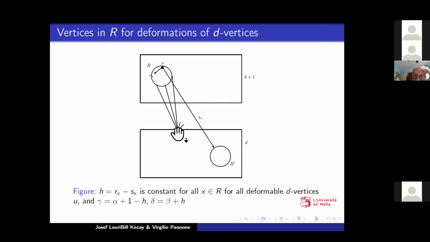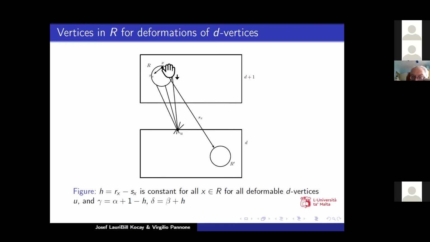If this is deformable, therefore these edges can be replaced by edges from U to here, and the graph will still have the same parameters, then take a vertex X. R will be how many vertices in here it is adjacent to, and S will be how many vertices here it is adjacent to.